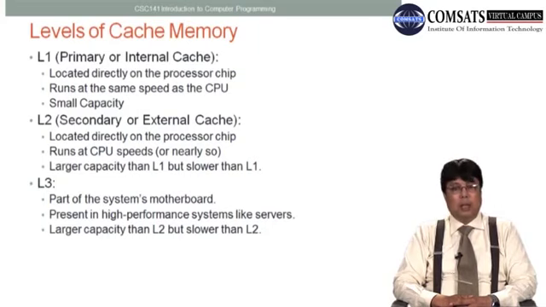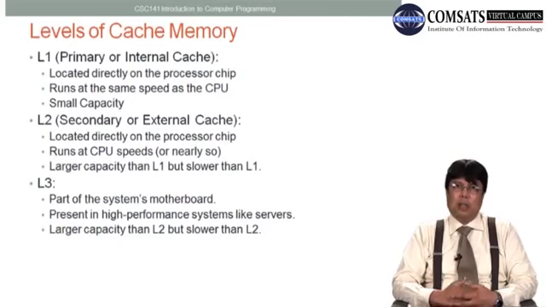And as I said, if it is within the chip, it is synchronized with the CPU and runs at the same speed as the CPU. Obviously, it is in a very luxurious place within the CPU, therefore its size is very small.